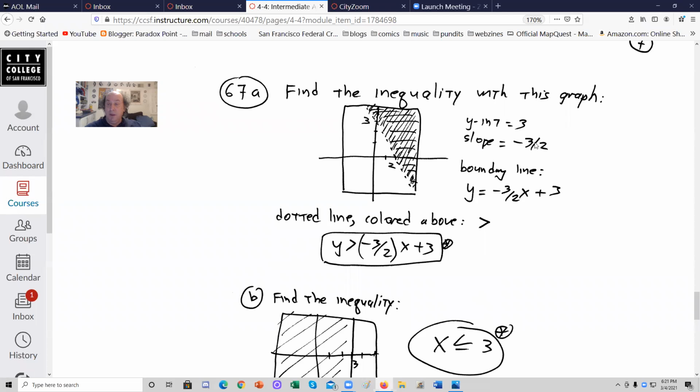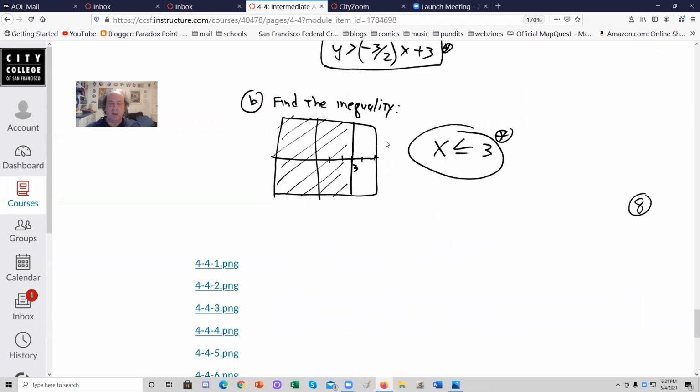So with that intercept and that slope, the boundary line is y equals negative 3/2 x plus 3. Now, it's a dotted line, so it's a greater than sign or a less than sign. And it's colored above, so we do a greater than sign. So y is greater than negative 3/2 x plus 3. And that's the inequality for this half plane.